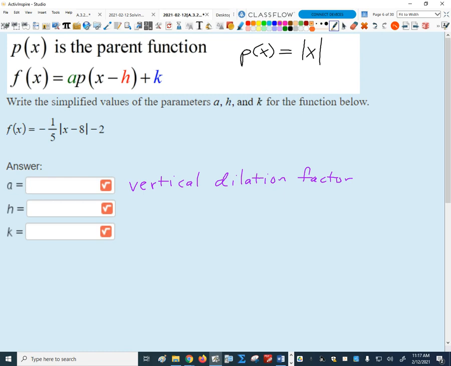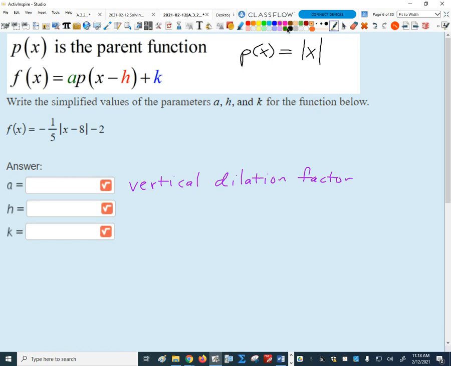Remember, a is the number that's multiplied by the function. You're multiplying by the function. So tell me, what's the number value of a in f of x? Yeah, it's negative 1/5, isn't it? Everybody agree? That's the number that's out front here.